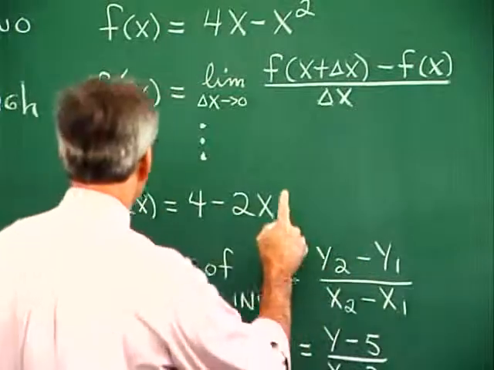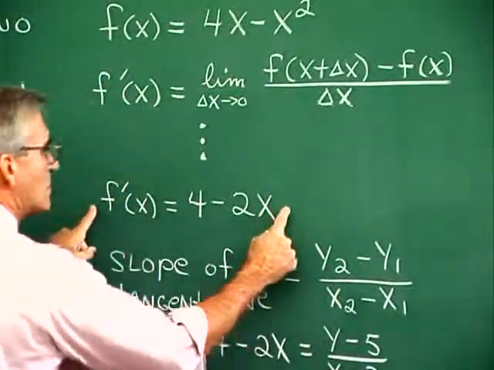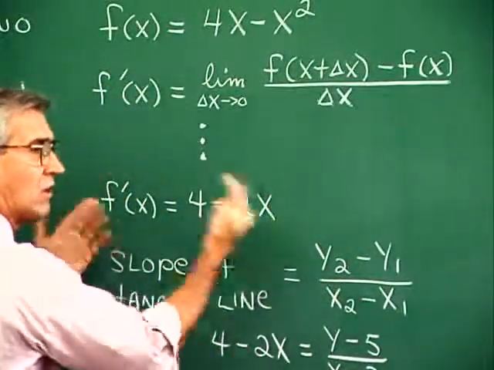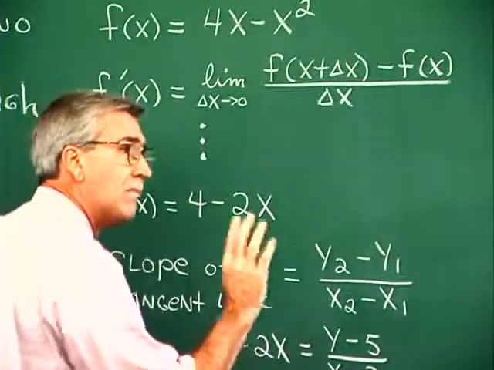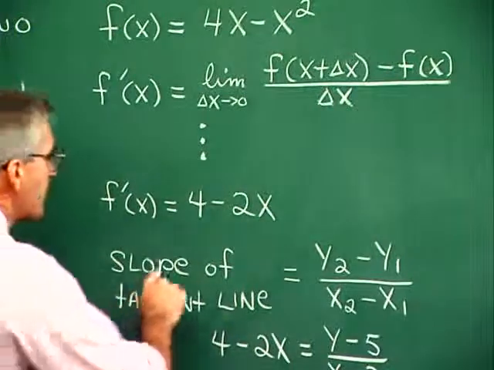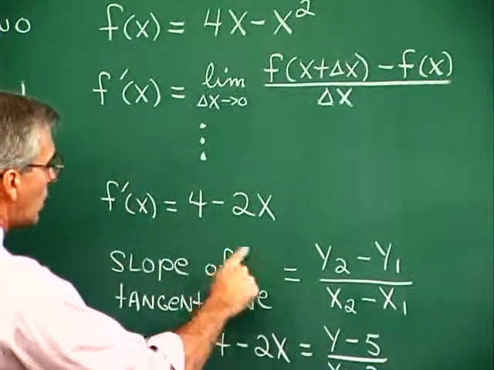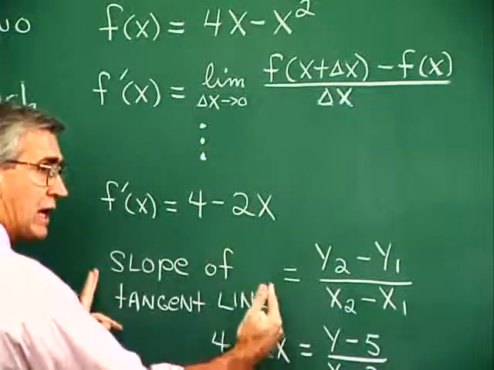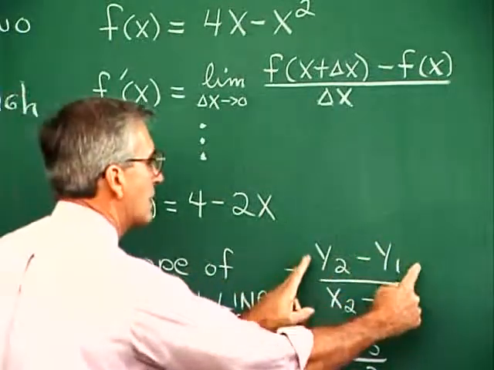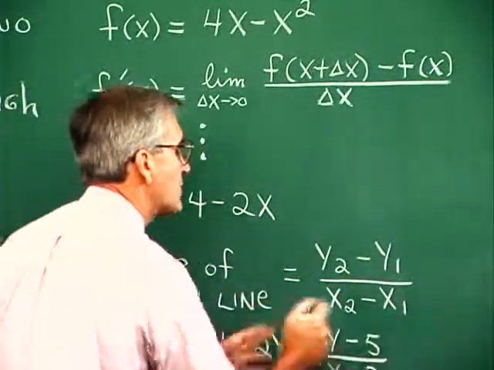This generates slopes at certain points on our graph, but we don't know what points are on the graph. But we can start with the notion of slope: the equation for slope is difference in y's over difference in x's.